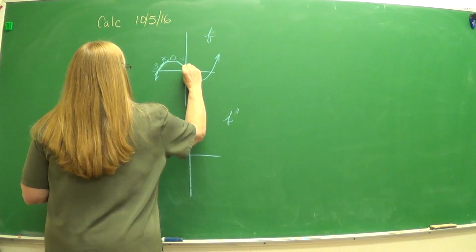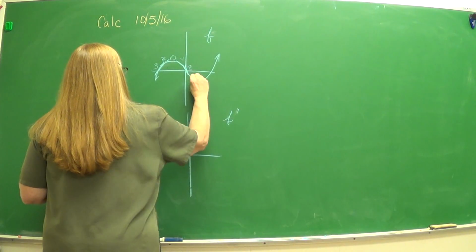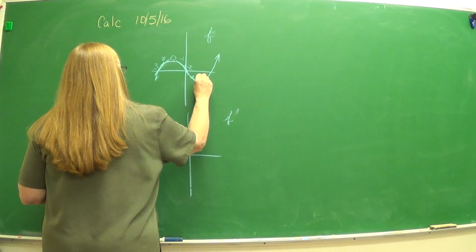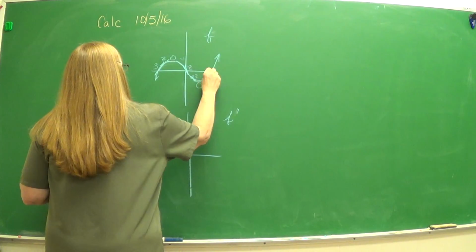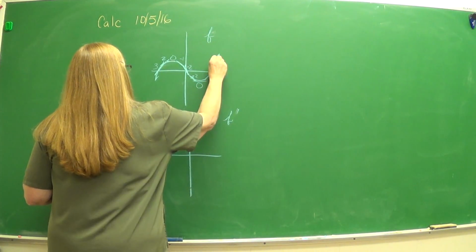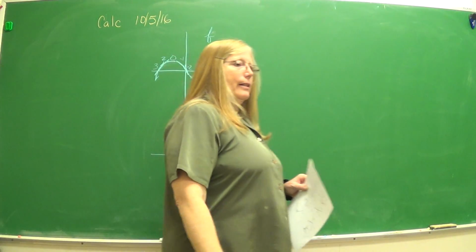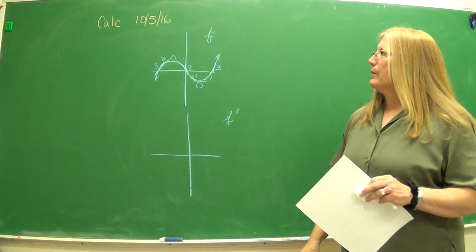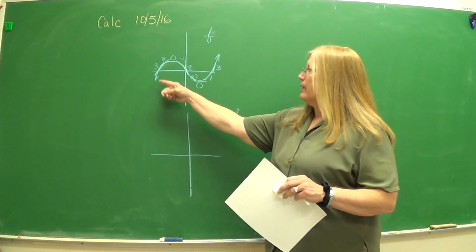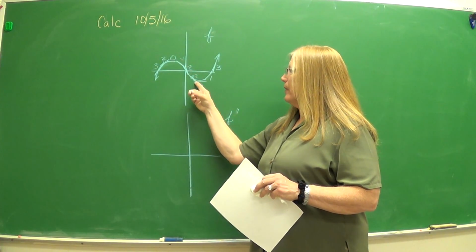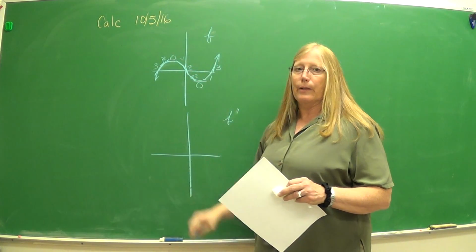I do. And then here, less steep again in the negative direction, and 0 again. Positive, not so steep, and then very steep. So I put in some numbers, and hopefully yours were mapping that. Positive slopes to 0, then negative slopes to 0, and then positive slopes to 0.